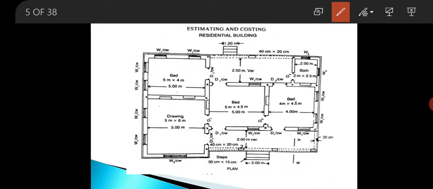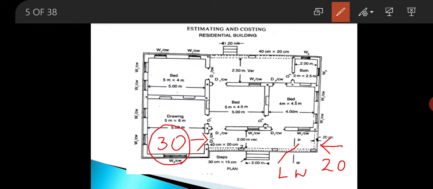Again, this is the long wall of the front veranda. On one side of this long wall it is a 30 centimeter wall and on the other side it is a 20 centimeter wall, and this 30 centimeter wall has already been excavated.